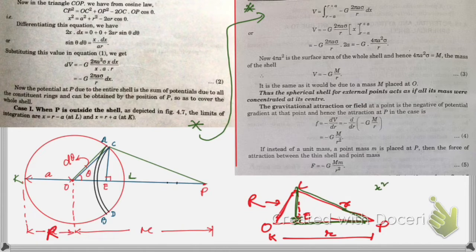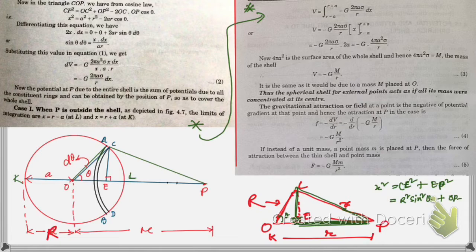x square is equal to CE square plus EP square according to Pythagoras theorem, right? Then CE, if you apply trigonometry, this angle is theta, then you will get this one as capital R square sine square theta, and this part EP can be written as OP minus OE whole square.